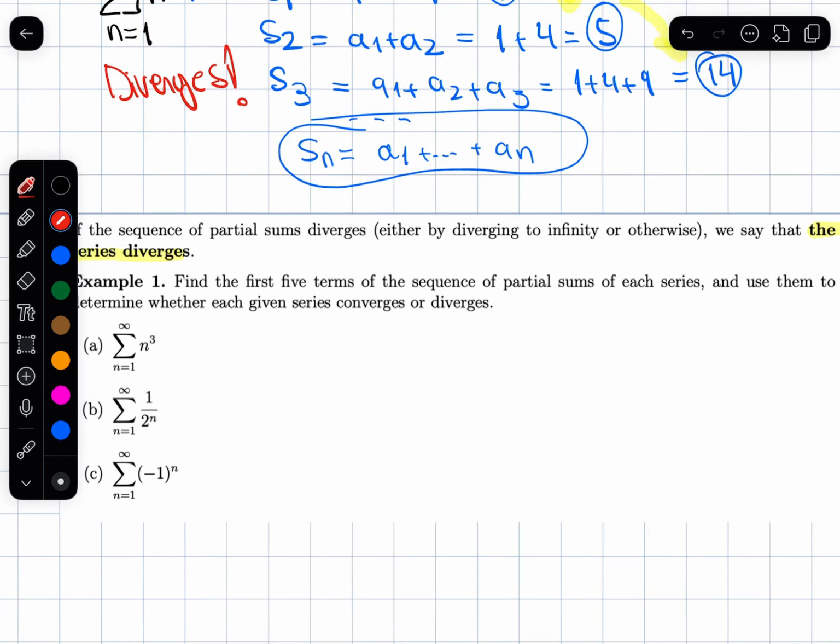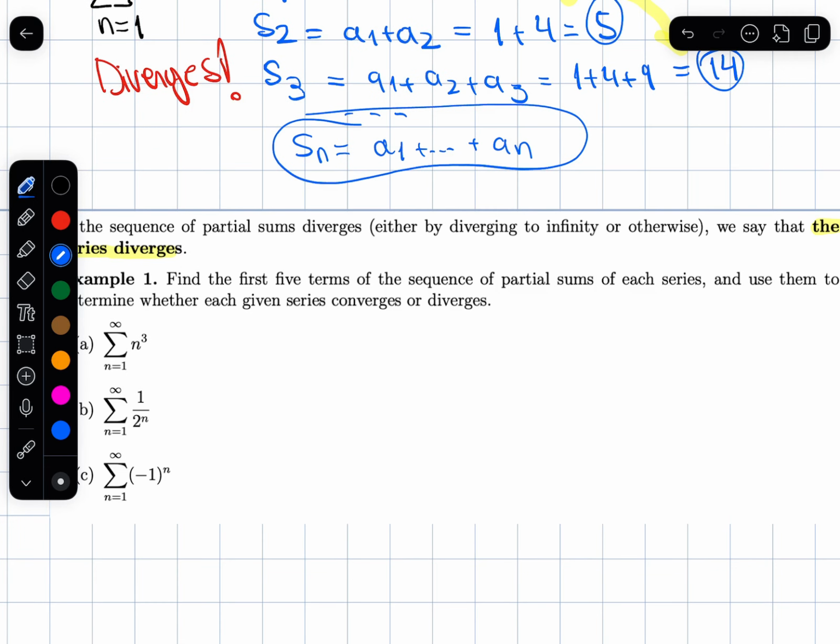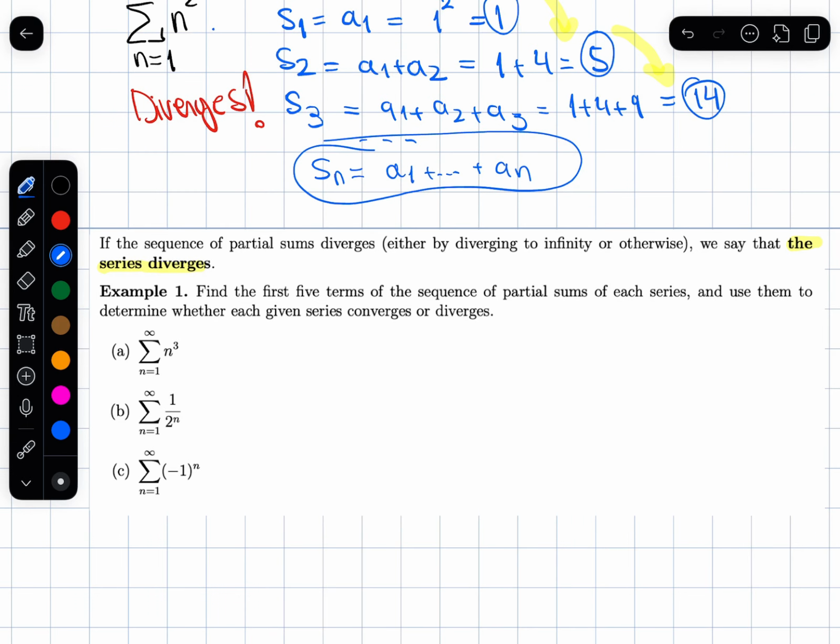let's take a look at a few examples here. This example says, find the first 5 terms of the sequence of partial sums of each series and use them to determine whether each given series converges or diverges.